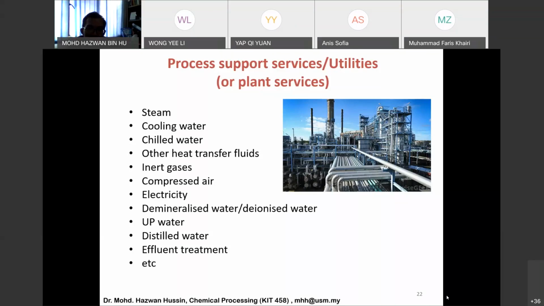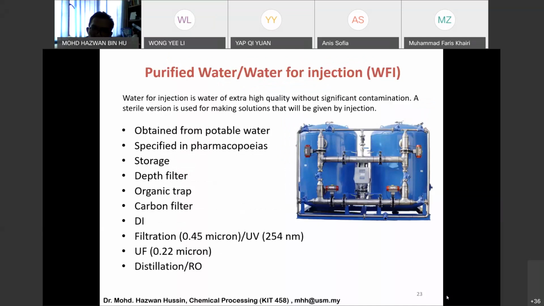That is why it is called ultra purification water. Distilled water is also needed, and the effluent treatment, of course, in case you want to discharge your waste later on.